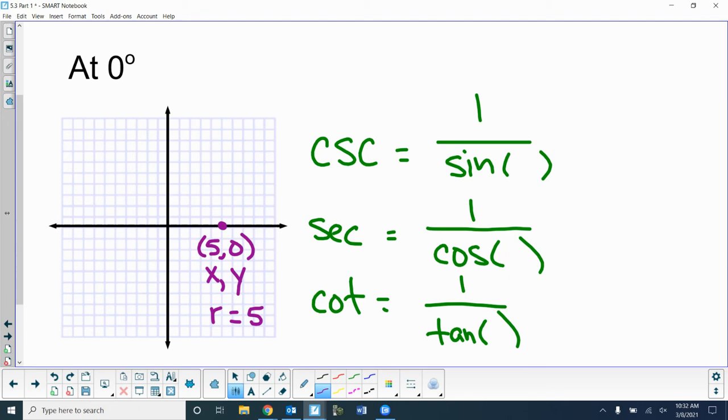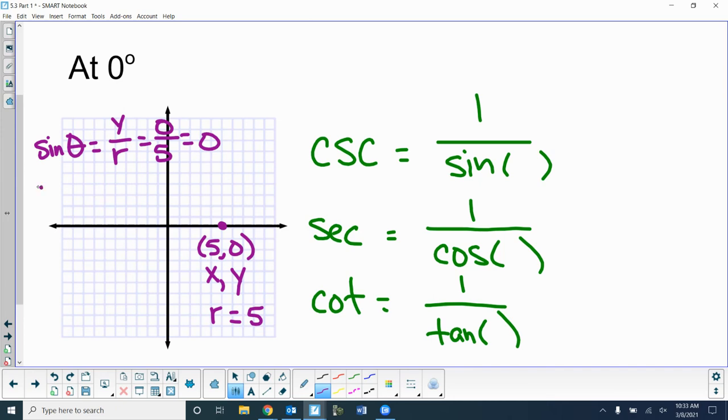So then I just do my 6 trig functions, all right? My sine, remember, is opposite. So opposite or sine goes with the y over the r, right? Thinking about the alphabetical order stuff. What's my y value? 0. What's my r value? 5. So you just put 0 over 5, which is 0, right?